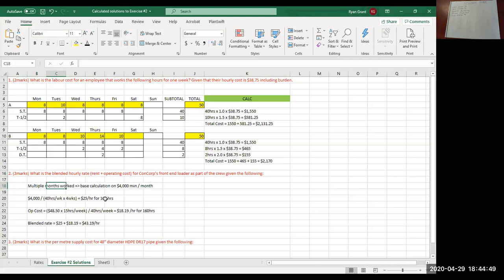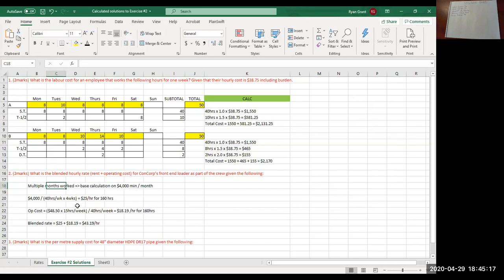So the best rate to use is the minimum monthly amount. The front-end loader's minimum monthly rental was $4,000 per month. What we're trying to do with this question is, the loader was going to work 15 hours per week, and the rest of the crew was going to work 40 hours per week.